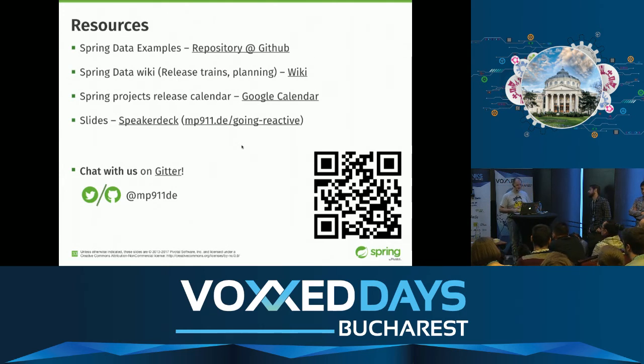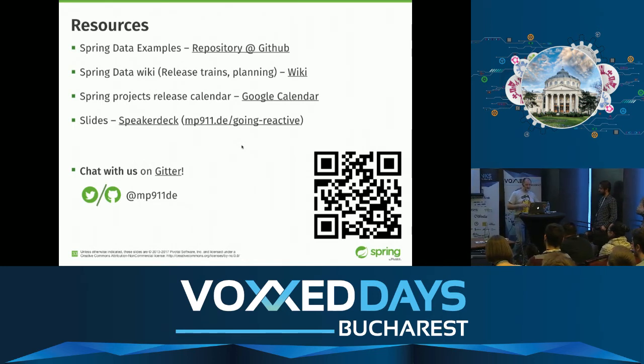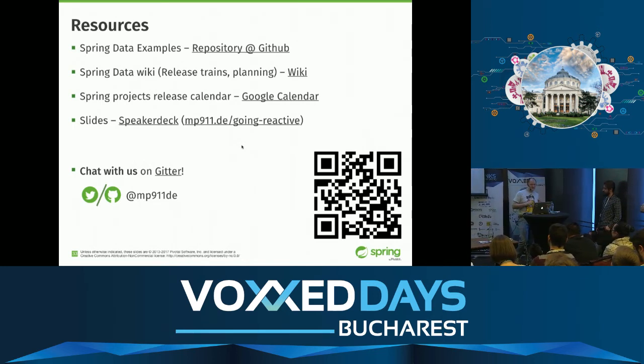So the question is, are we expecting reactive support for SQL databases, or let's phrase it for relational databases using ACID? So the short answer is no. The longer answer takes a bit to explain, but I'll try to summarize it. Our understanding of reactive is to maximize resource efficiency.